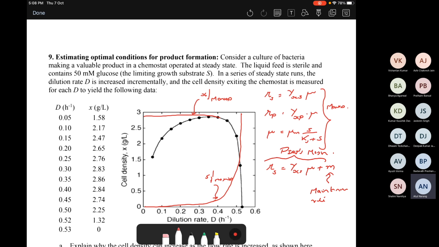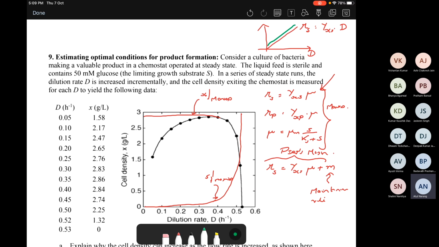Now, I also discussed this in class, that if you get data as a function of D, then the Monod model predicts that Rs is equal to Y XS multiplied by D. It's directly proportional to D, simply because mu is equal to D. So this expression becomes Rs equal to Y XS multiplied by D. But the experiment showed that the data looks like this.